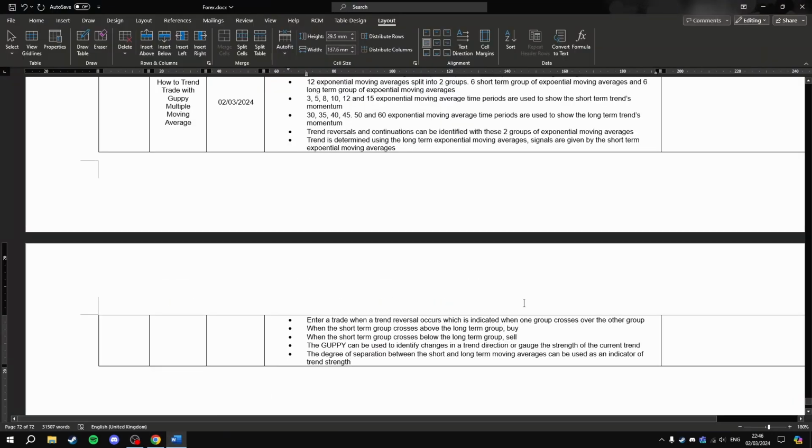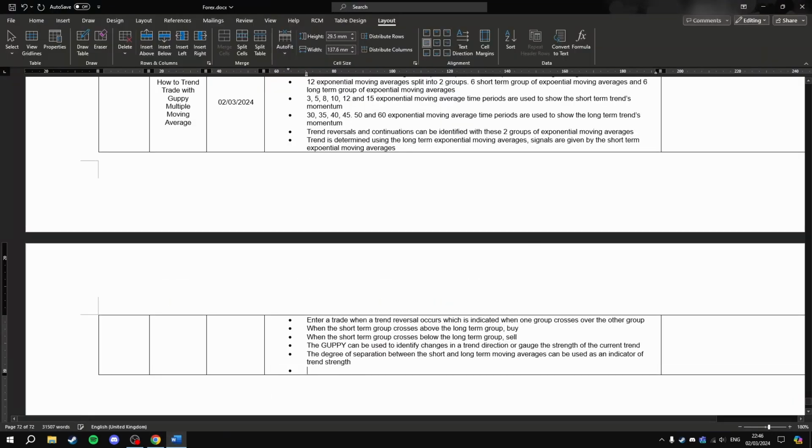So wide separation indicates the prevailing trend is strong.